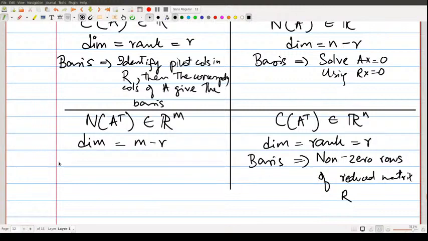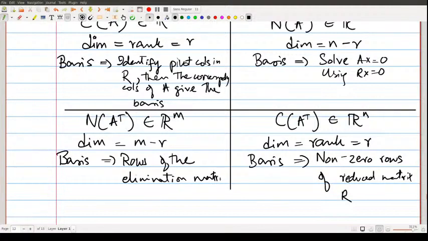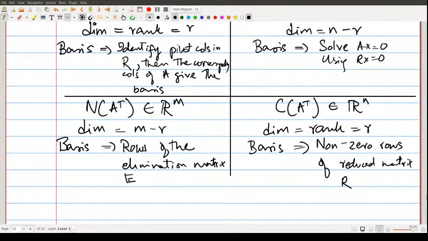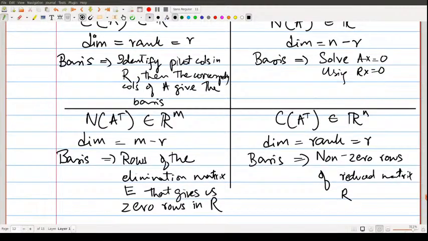And finally, what about the last case that we did? We take the rows of the elimination matrix E that give us 0 rows in R. Let me go through all of them.